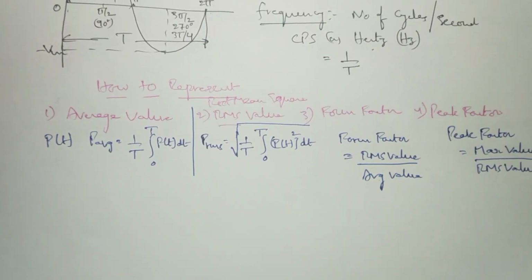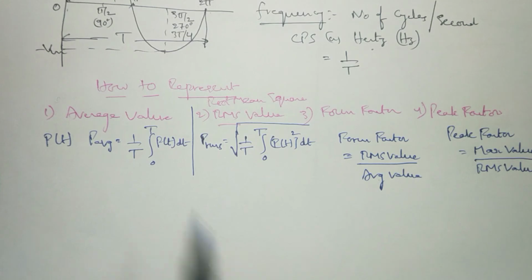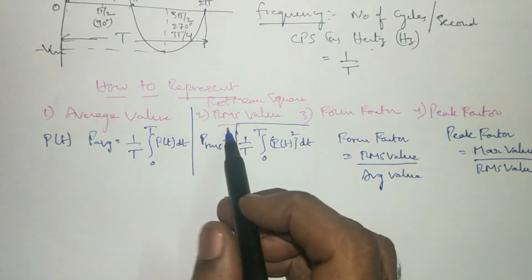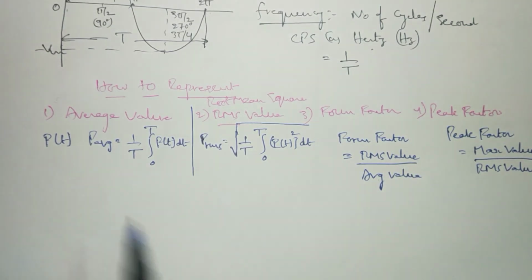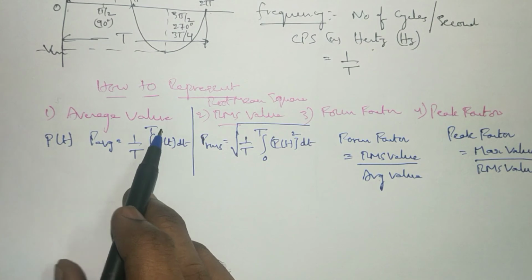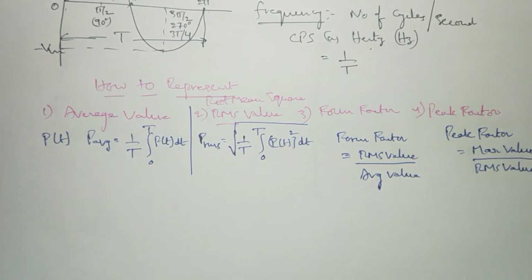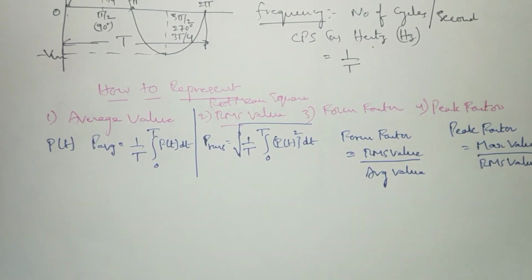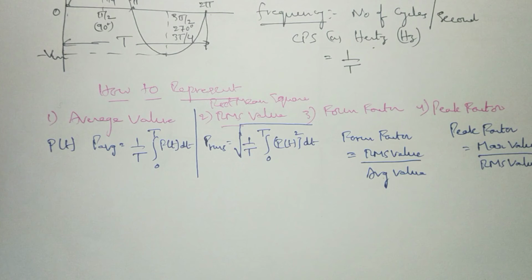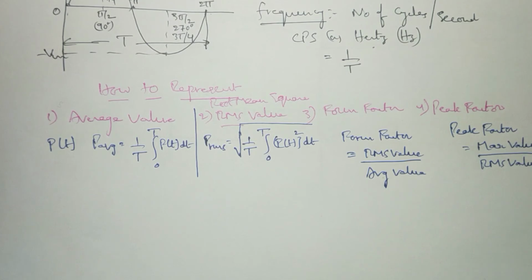Now, let me briefly explain what actually this average value and RMS value are. Average value can be considered for an alternating waveform such that a steady current flowing through the same circuit transfers the same amount of charge as that of the alternating quantity.